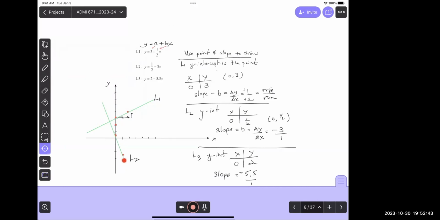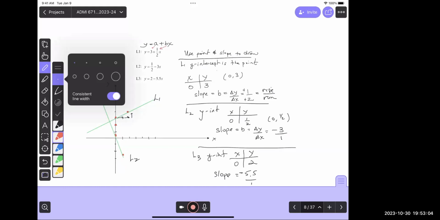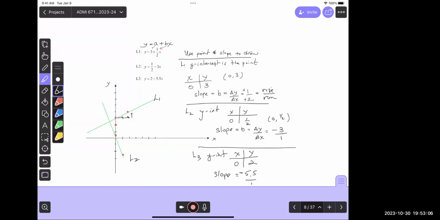I guess it's right here. Did I do something wrong? So starting at 2, going over 1, then 1, 2, 3, 4, 5. Okay, it's here. Yeah, they're very close. 5.5. It's tight.